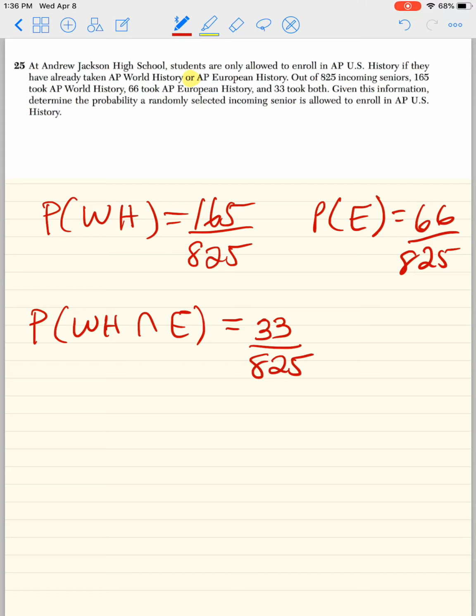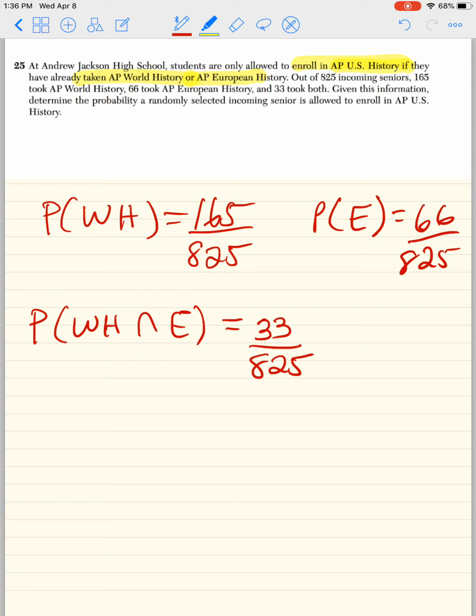Given this information, determine the probability that a randomly selected incoming senior is allowed to enroll in AP US History. So here I have AP. In order for you to enroll in AP US History, you have to have already taken AP World History or AP European History.